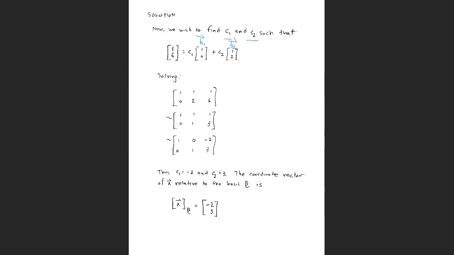An analogy is if we think back to the standard basis, we have no problem: 1, 6 is equal to 1 times 1, 0 plus 6 times 0, 1.